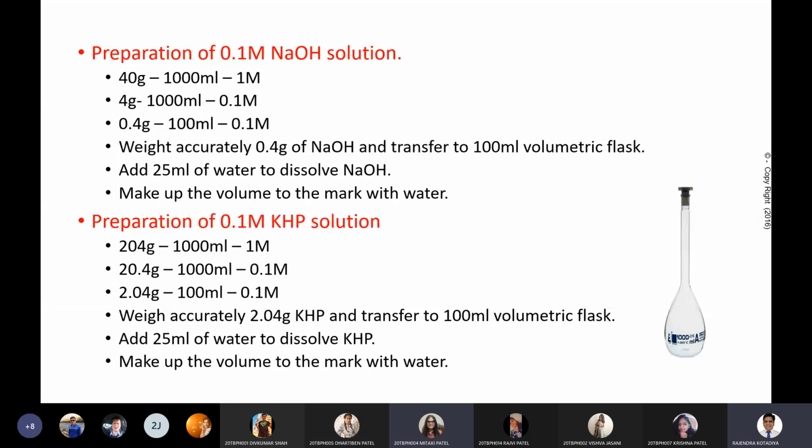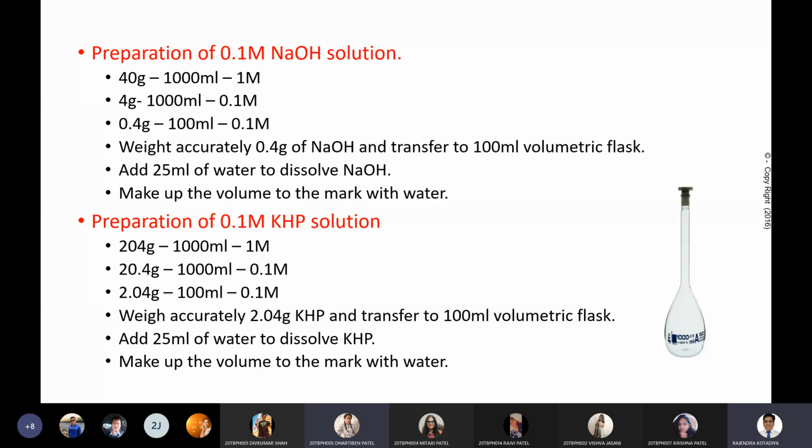Now, if you compare these two solutions, are they standard solution or secondary standard solution? Sir, NaOH is secondary standard and KHP is a standard or primary standard solution.